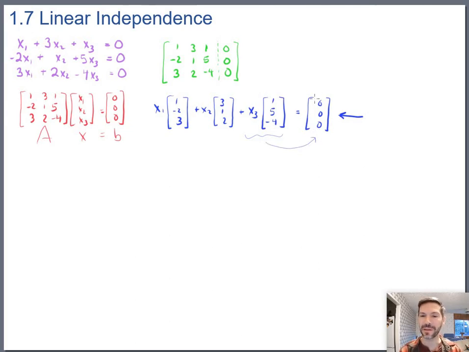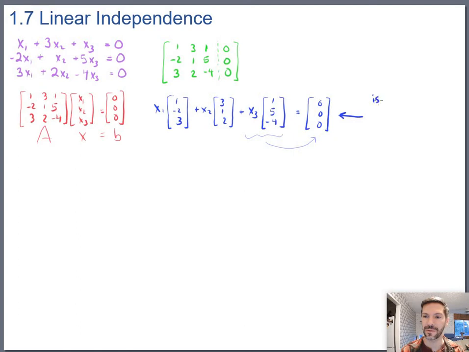But another way of saying this would be, is there some combination of the first two vectors that will produce the third vector? Or if I moved x2 over to the other side, it would be, is there some combination of x1 and x3 that will make x2? Or same thing with the first vector. And notice by leaving it equal to 0, 0, 0, it's just saying, is there some way to combine two of the vectors to produce the third?